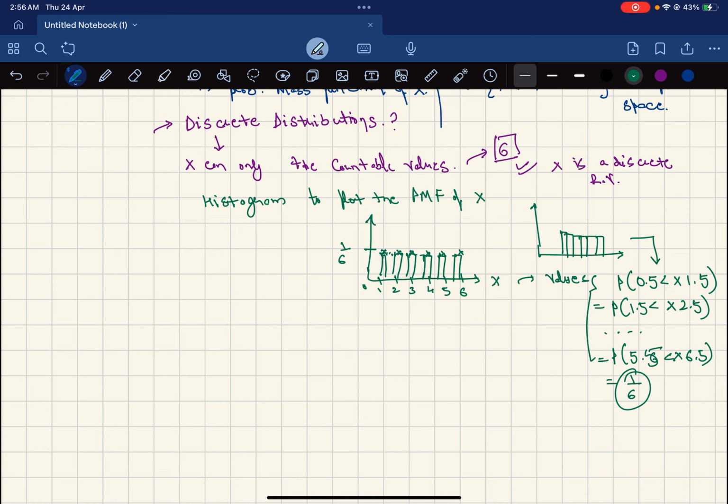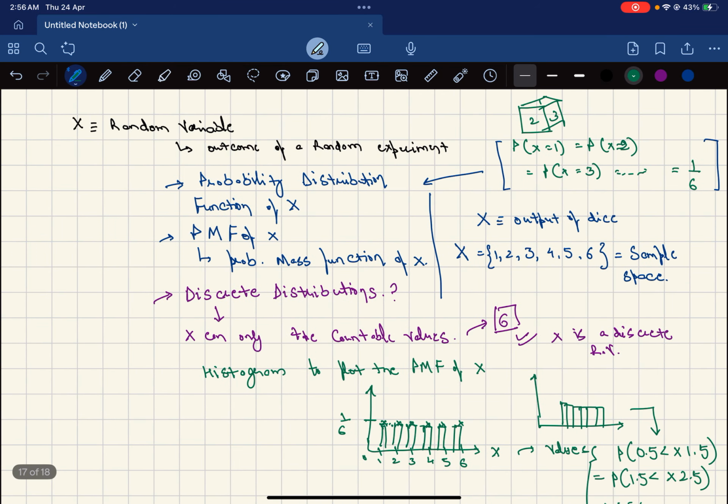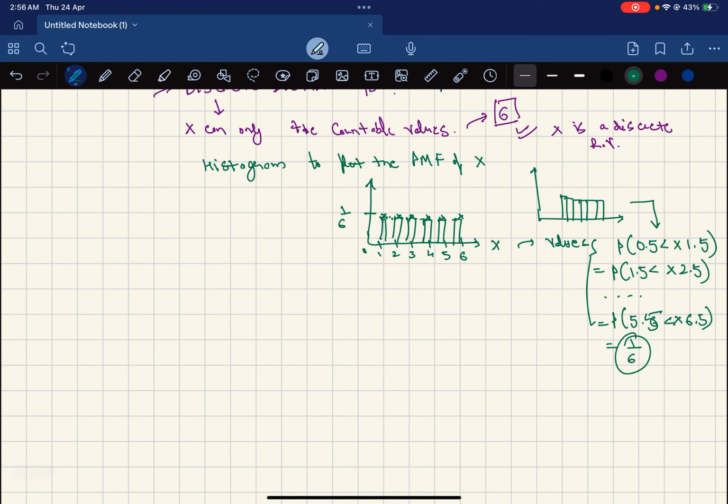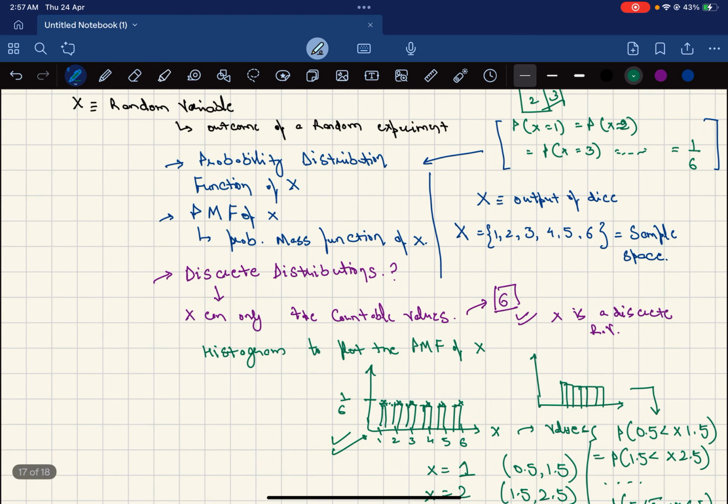By bins I mean 0.5 to 1.5. We did that because there's only one value, x equal to 1, which lies in the range 0.5 to 1.5, and similarly in 1.5 to 2.5 there is only one value, x equal to 2. All these values of x have a probability equal to 1 by 6, and therefore we obtain a particular histogram in this case for this particular distribution function.